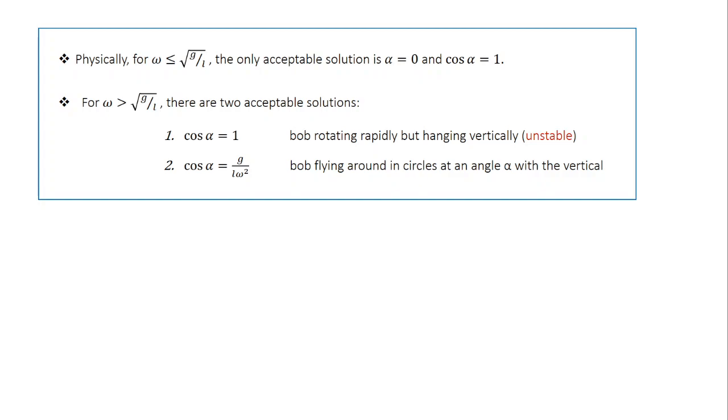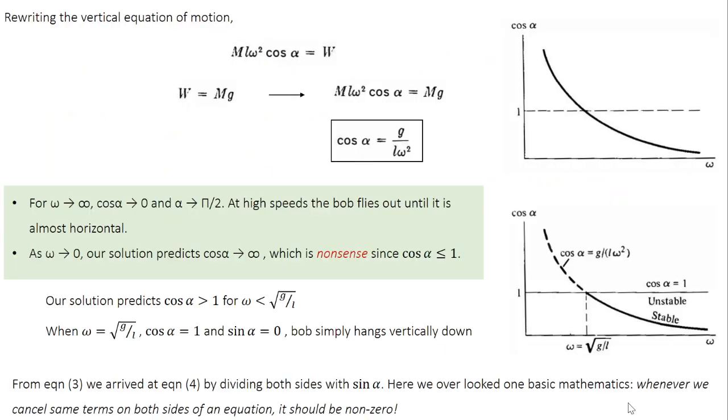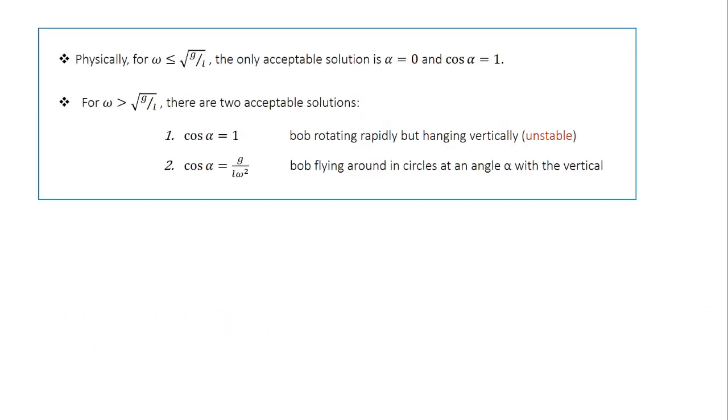Similarly, for the other case, omega greater than square root of g by L, basically this part of the graph here, as you can see from the graph, there are two solutions possible. One, cos alpha equal to 1, and two, our original graph, cos alpha equal to g by L omega square.